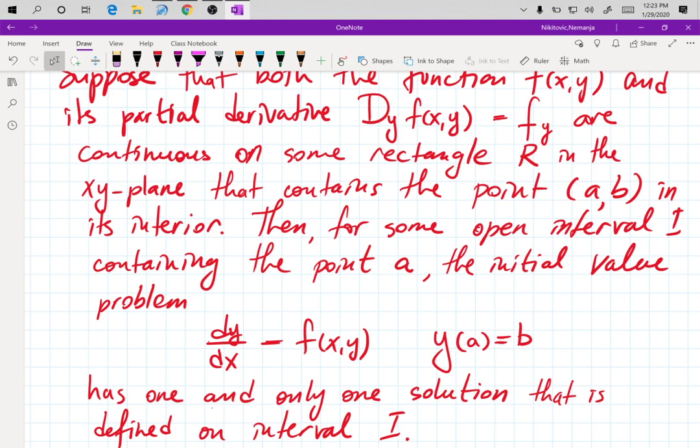Cool? I hope so, right? So that's the theorem. And you see that the condition is that the partial derivative is continuous and the function is continuous.